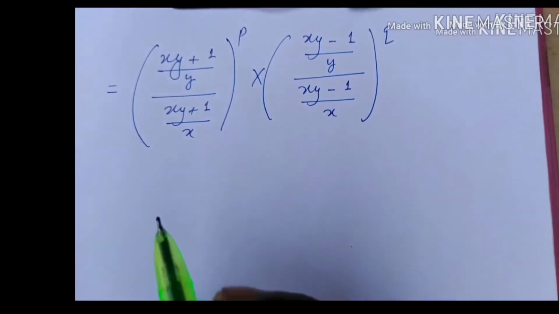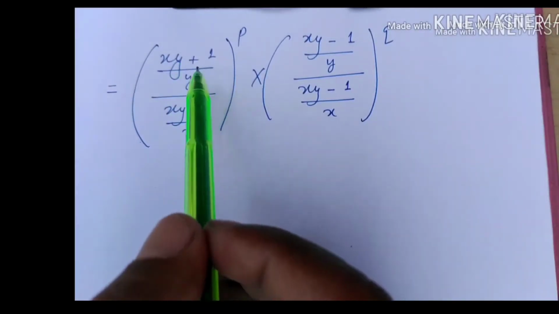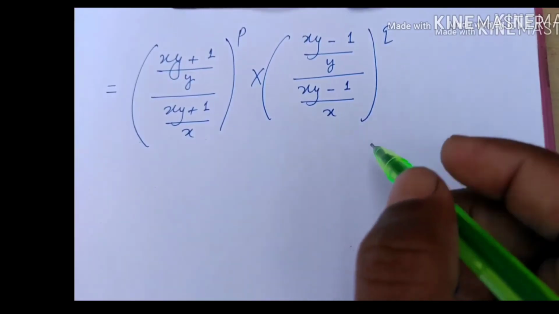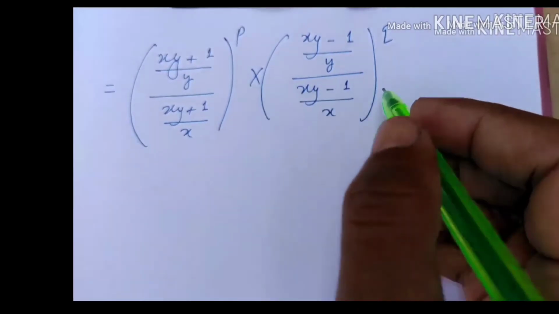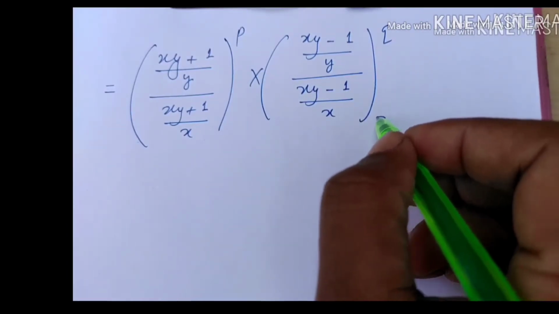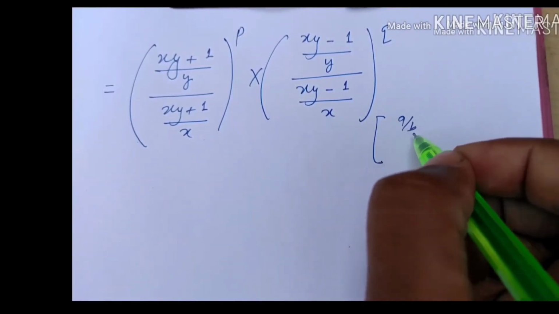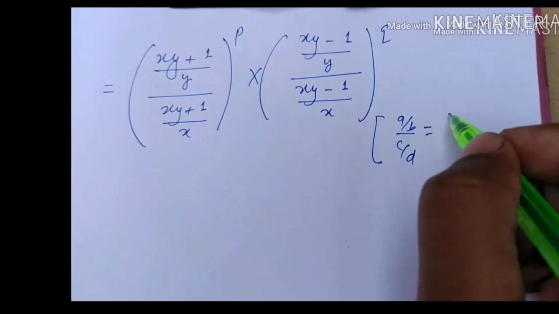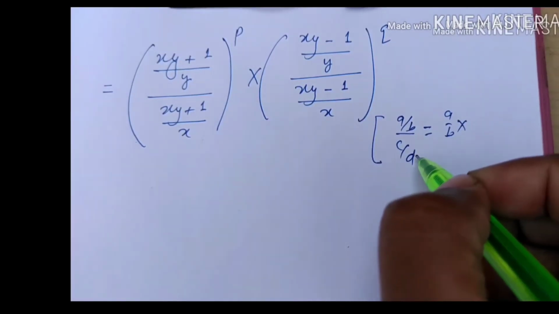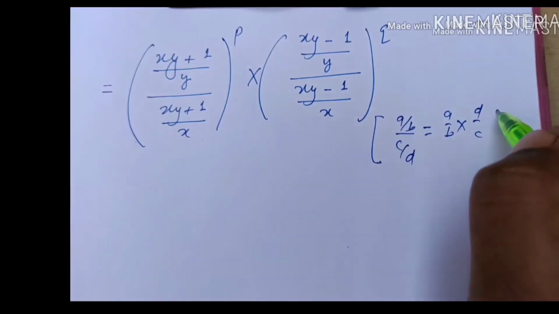Here students, you can see that this term looks like a by b over c by d. If it is so, it can be written as a by b times d will go upside and c will come down.